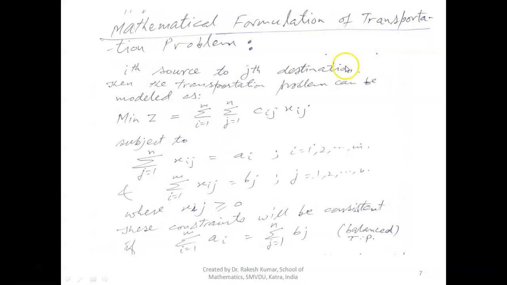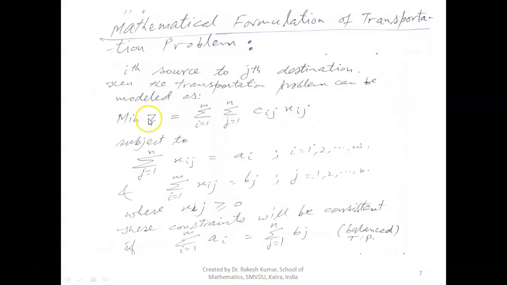So this I have already talked about when we were discussing the transportation table also. Now we have defined the decision variable as well as different type of costs. So now the transportation problem can be modeled as, how can we do it? So our objective function, let's say it is Z equal to summation i from 1 to m, j from 1 to n, Cij Xij.